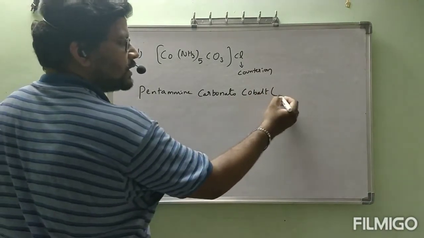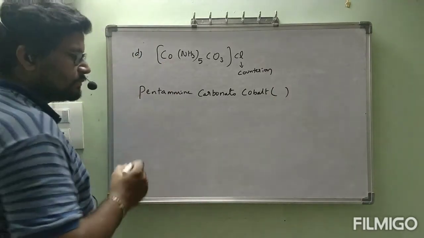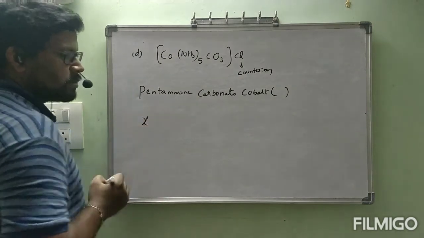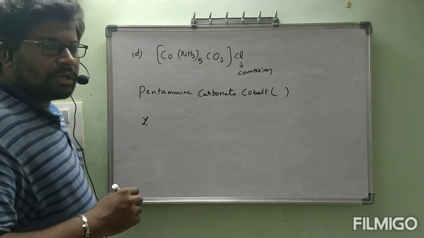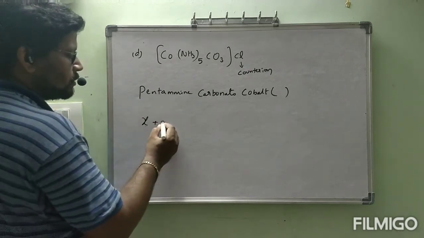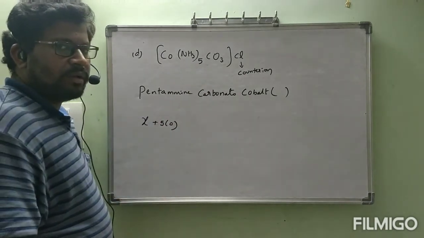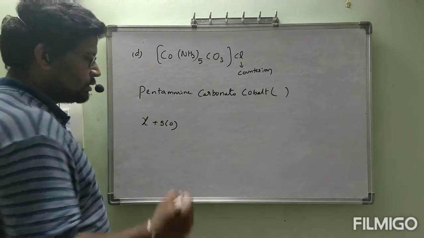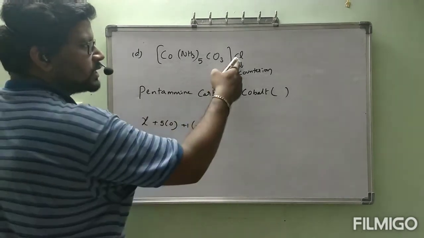In bracket we have to write the oxidation number, correct? Let the oxidation number of cobalt be X. NH3 is a neutral ligand, so 0. CO3 is a negative ligand with charge -2, so 1 into -2. Outside, chlorine is there.